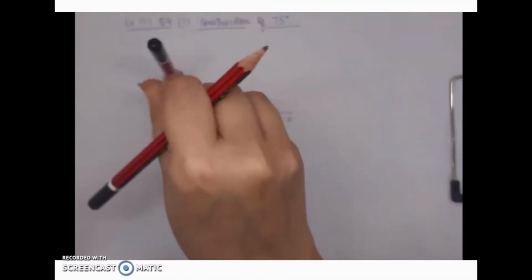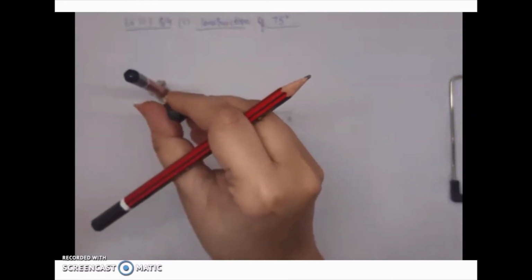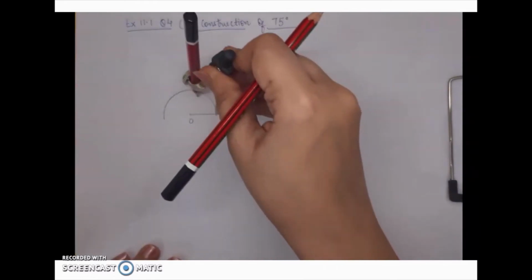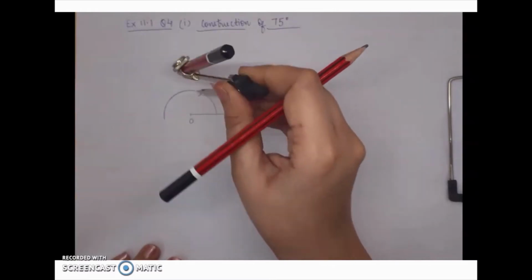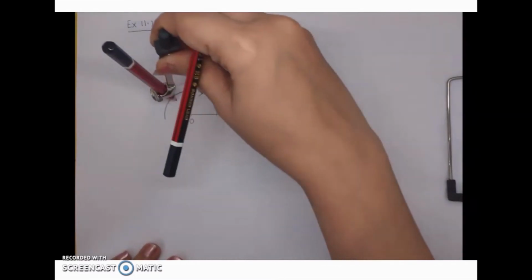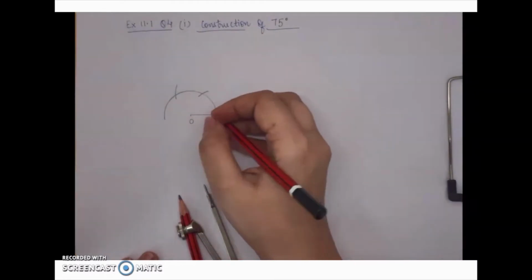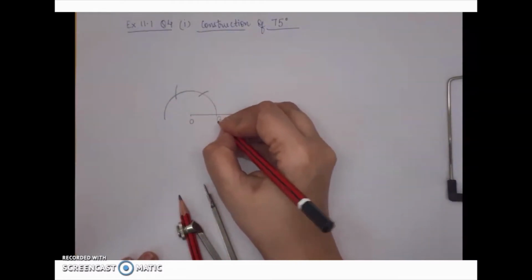Now next I am drawing a semicircle. This is for making 60 and 120. Semicircle, and then without changing the radius, you will cut two arcs, one after the other.